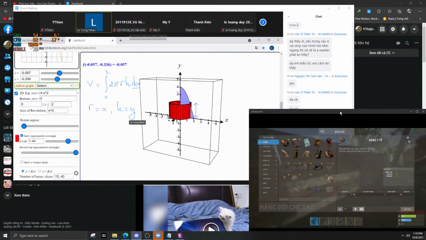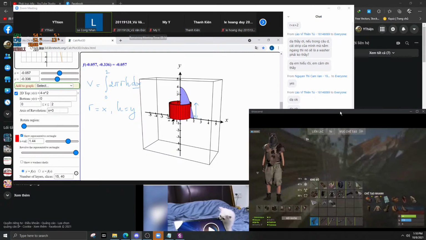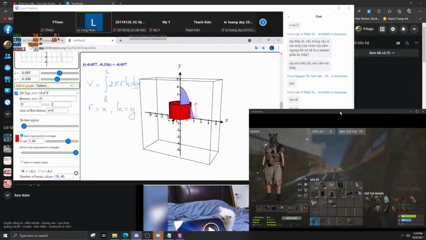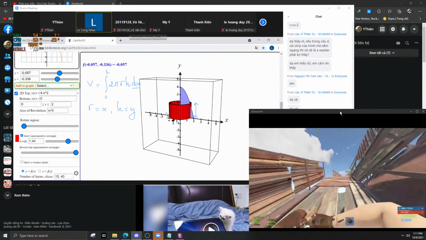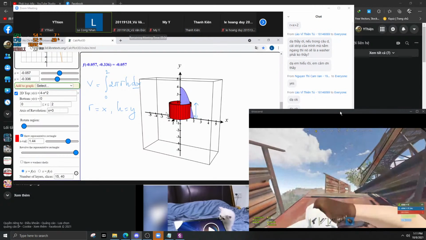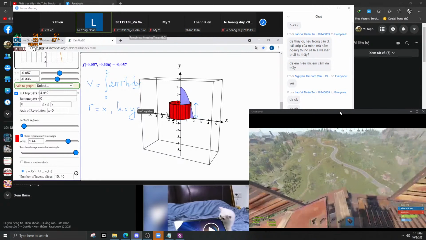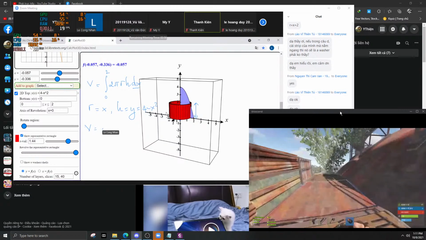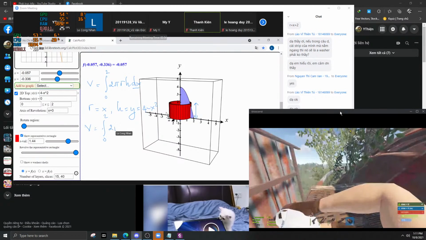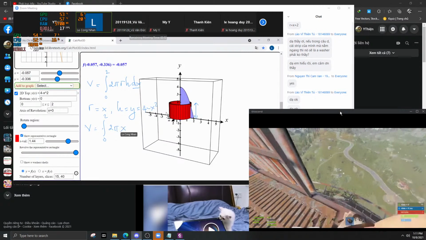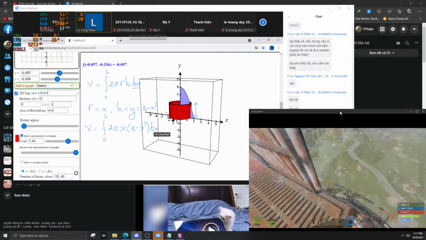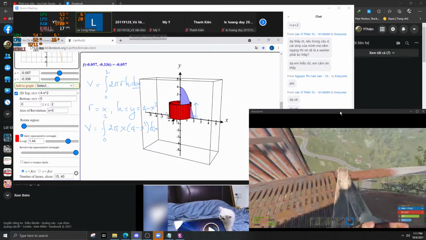If we choose the vertical strip, then we have the shell. So y is 4 minus x squared, and therefore the volume is given by the integral from 0 to 2 of 2 pi times x times 4 minus x squared dx. So we can get the volume of the solid of revolution.